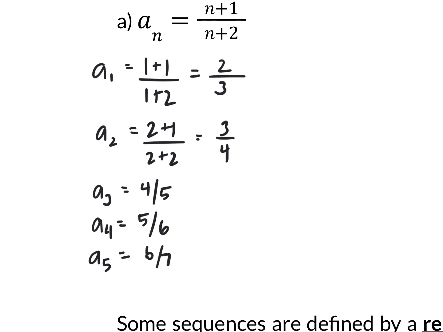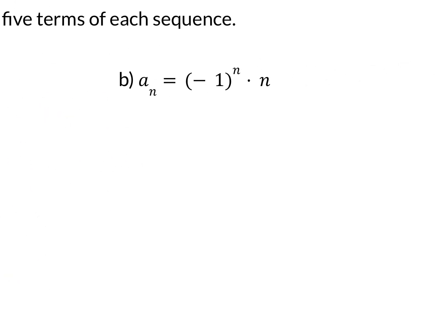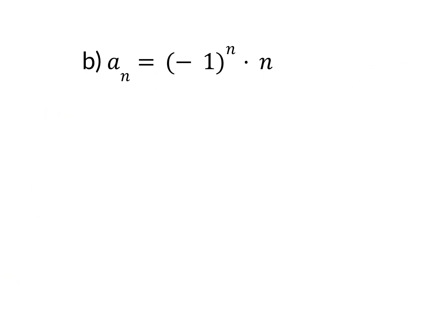Perfect. So that's exactly what these next 2 examples are as well. It's just given a different sequence that you're plugging it into. This sequence for b is saying I'm taking -1 to whatever power, whatever term I have, and then I'm times-ing that by n, whatever term I'm on.